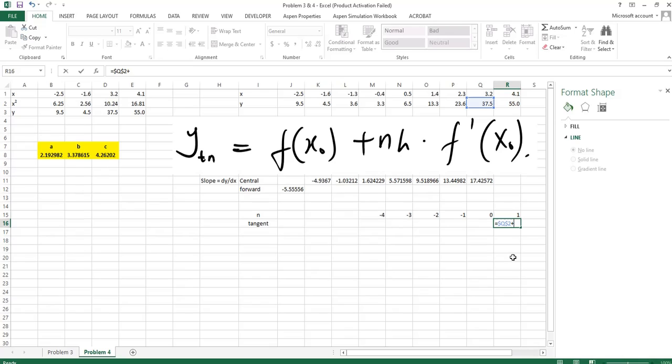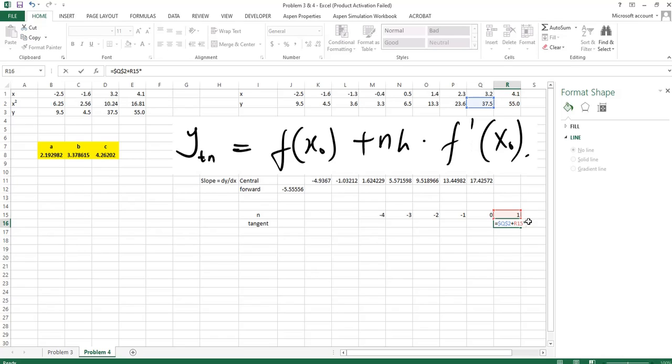Now, having been fixed, I will now say plus, this is our n, the n value, which is this n in this formula, plus n times our h. h is a constant, because from this point down to this point the h is a constant.